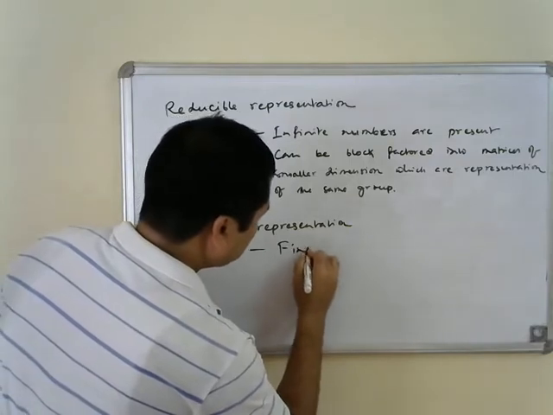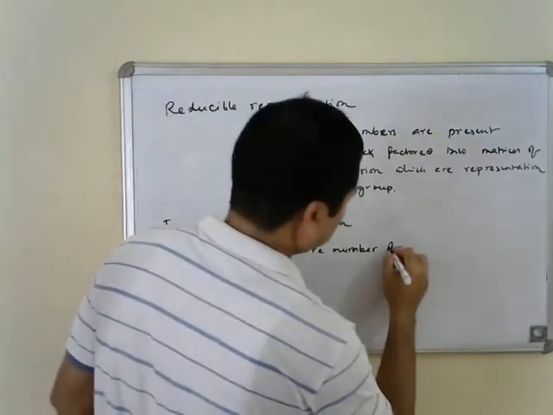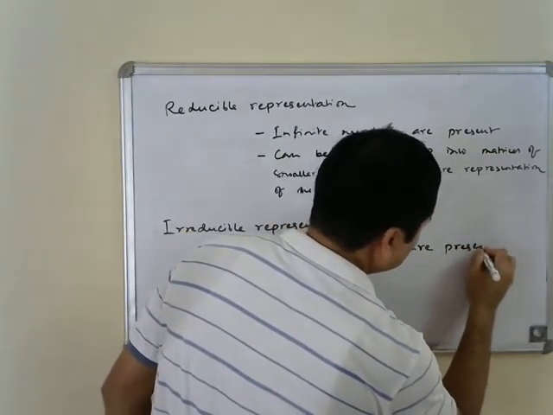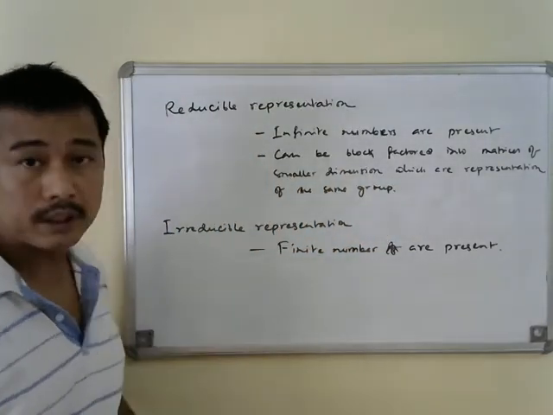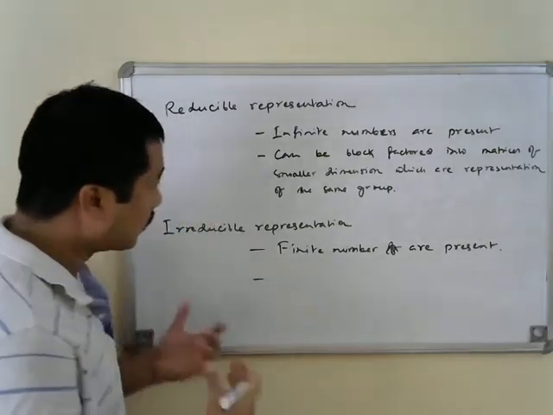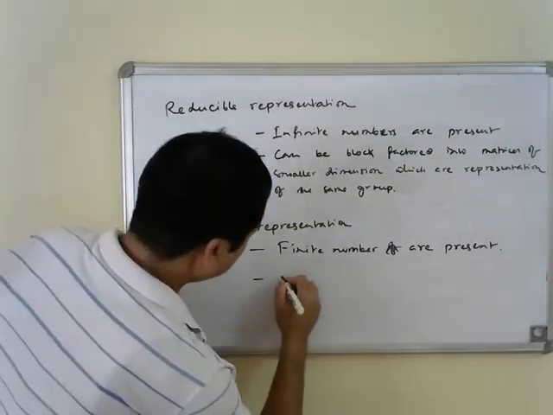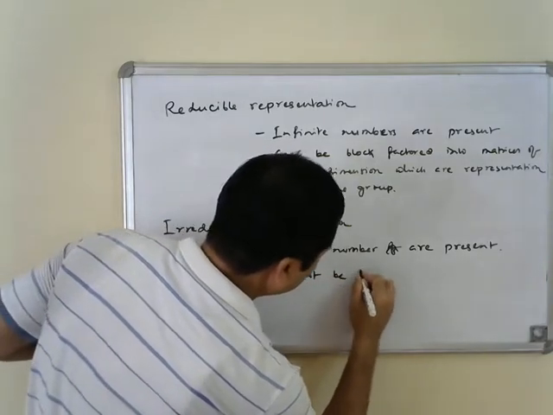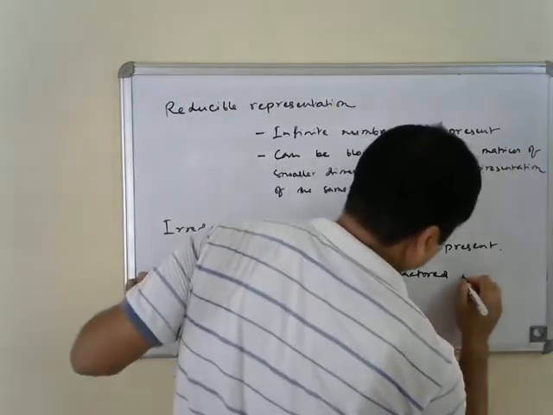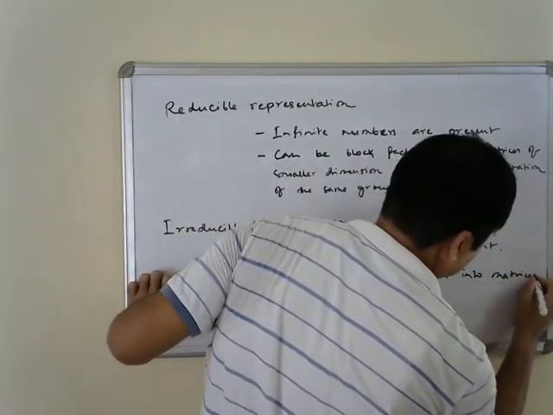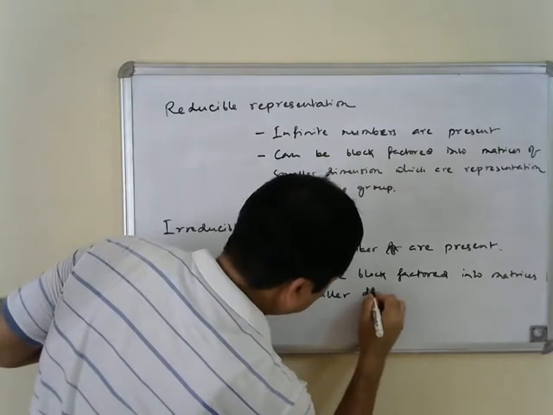has only finite numbers. So the number of irreducible representations in a particular point group is a finite number, and we can find out how many irreducible representations within a point group there are, and they cannot be block factored into matrices of smaller dimension.